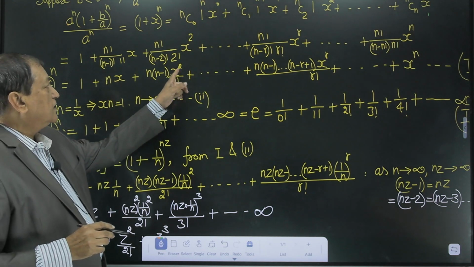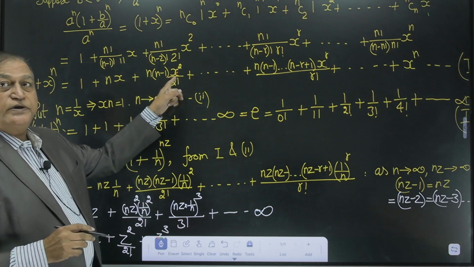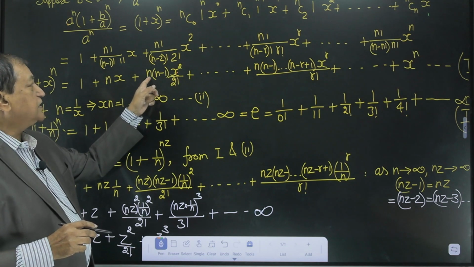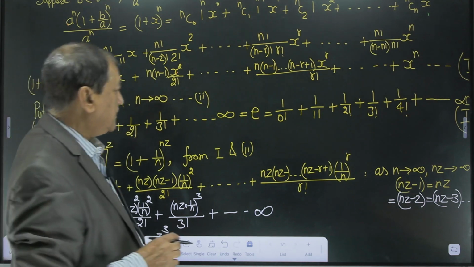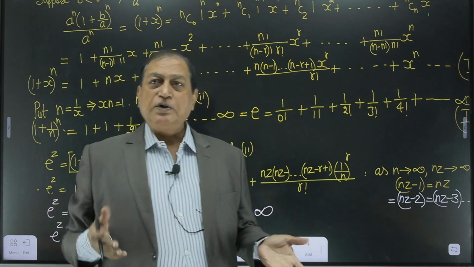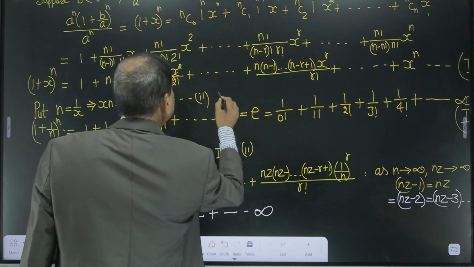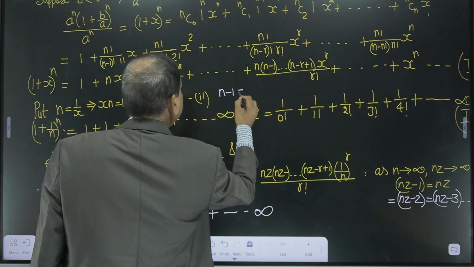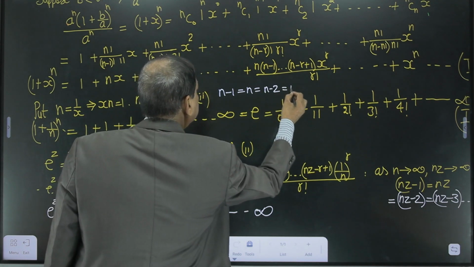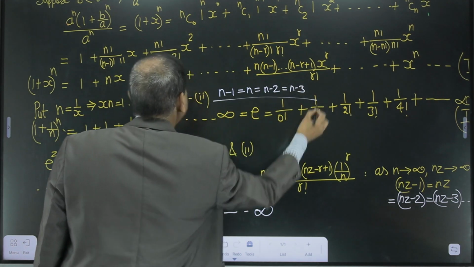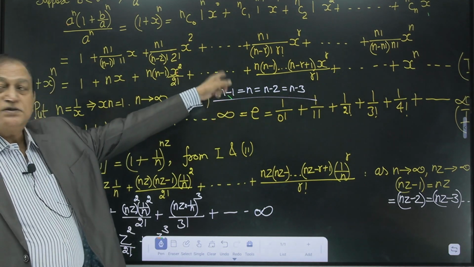Now, come here. Here I put x square as 1 by n square. Now, students, see what is n and n minus 1. When n tends to infinity, n minus 1 is equal to n, n minus 2 is equal to n, n minus 3 is equal to n, because n is very large, say n is 1 lakh.